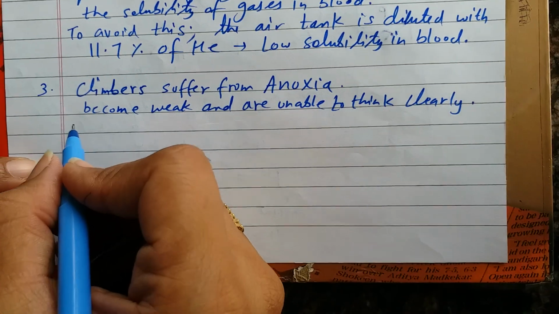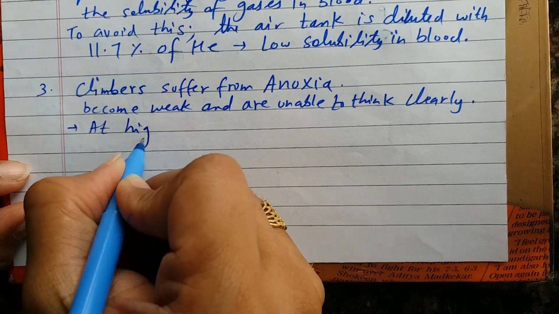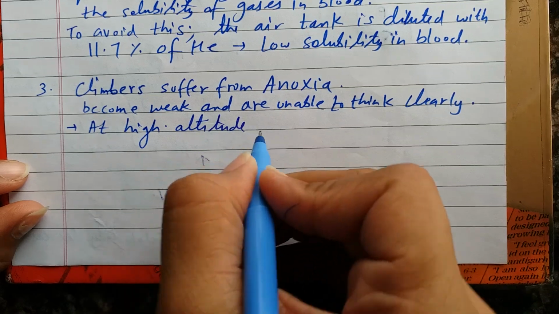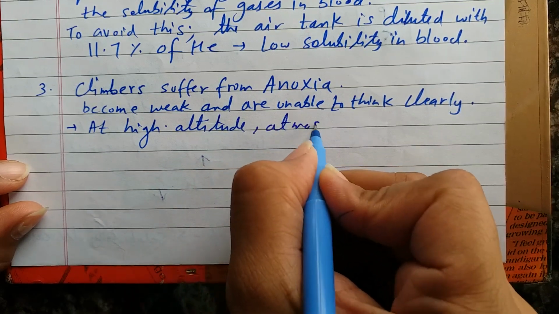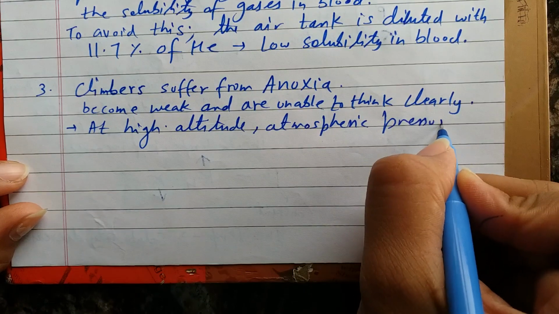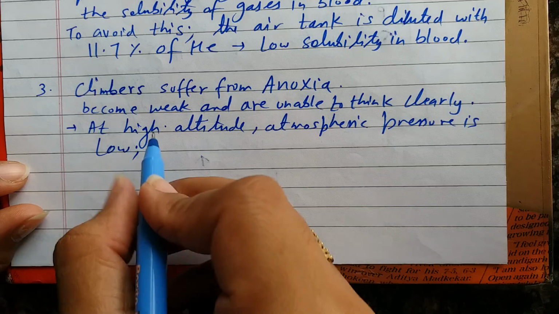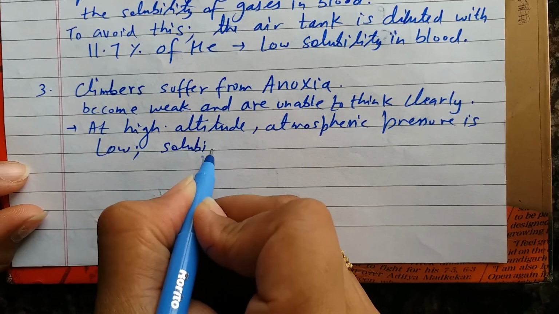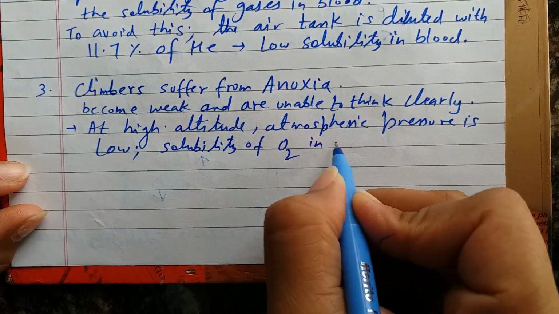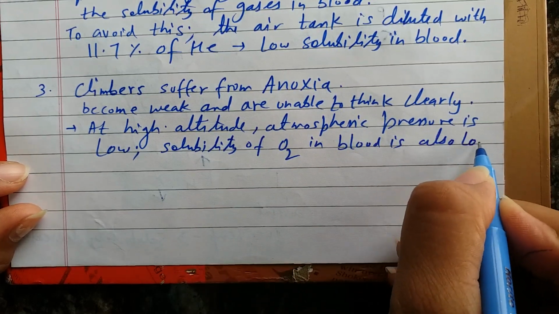Now this happens because of what? The reason is that at high altitude, you know that the atmospheric pressure is low. And when the atmospheric pressure is low, solubility of oxygen in blood is also going to be low.